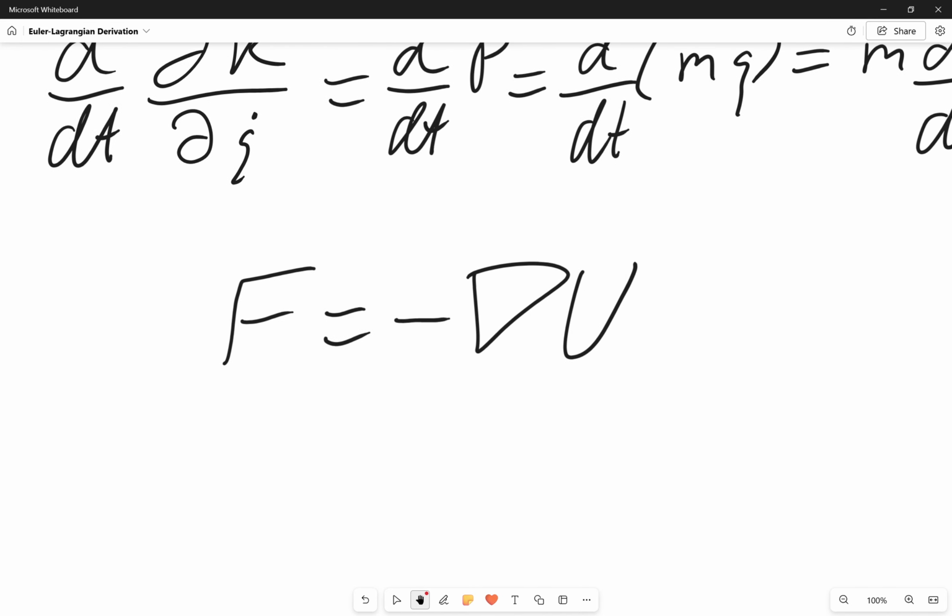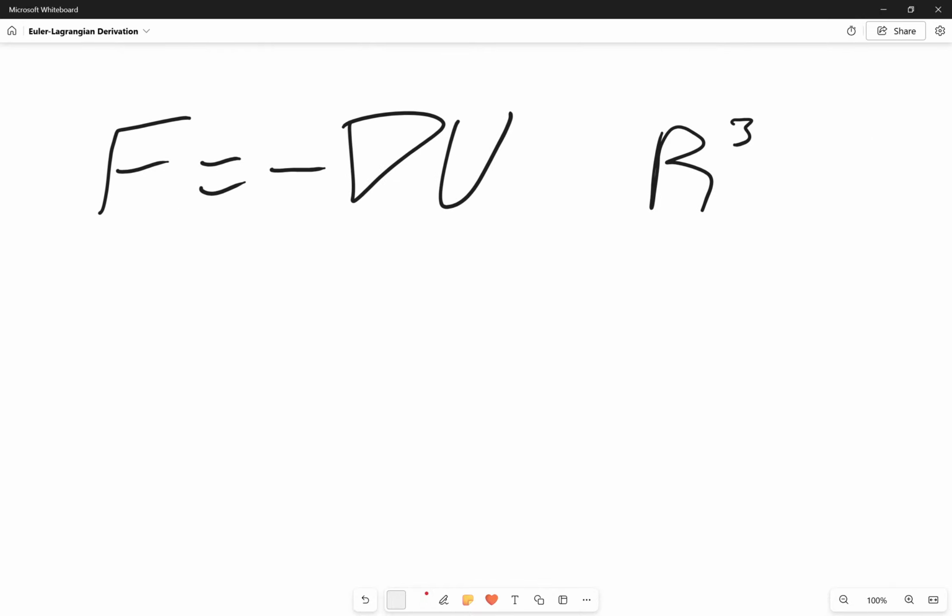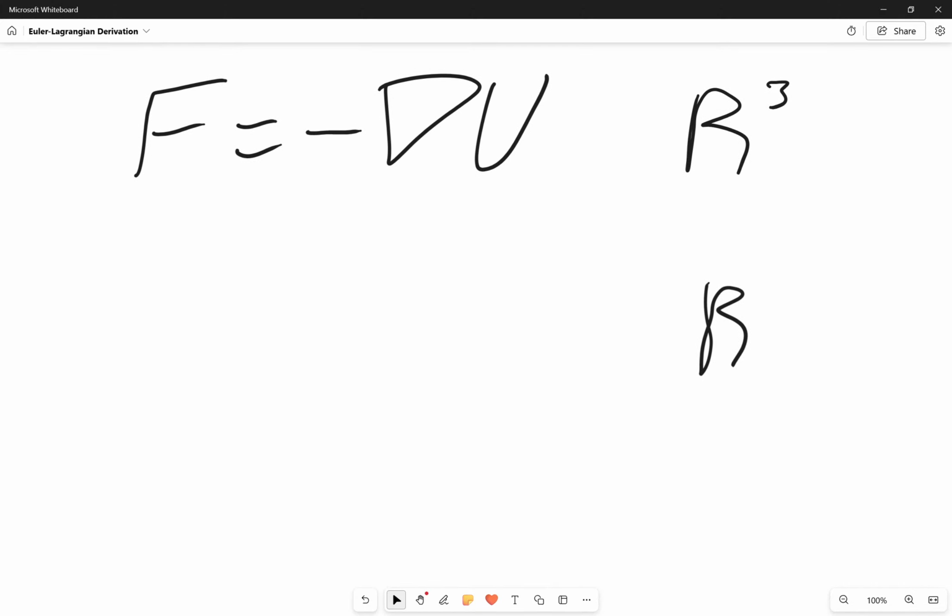As you can see where I've written, the conservative force will equal the negative gradient of the potential energy. This is represented in all three dimensions, denoted by R to the third power. But I just want it in a single dimension, as it's a little more familiar.